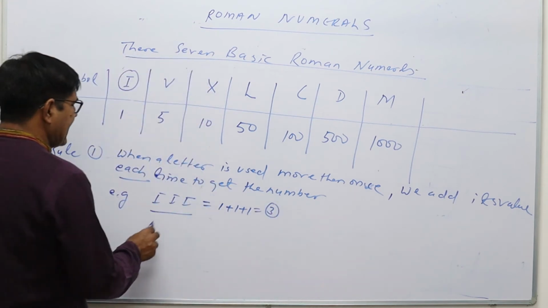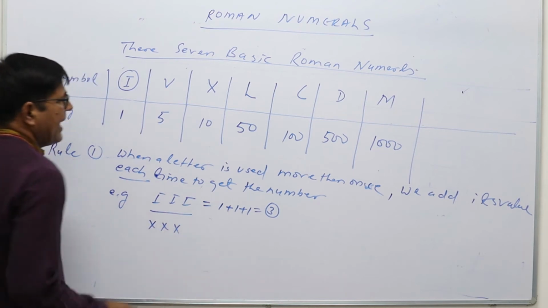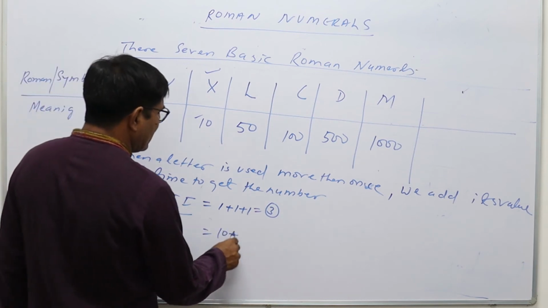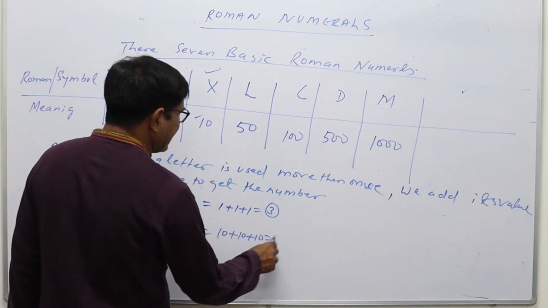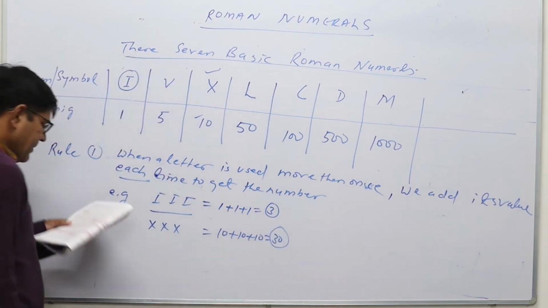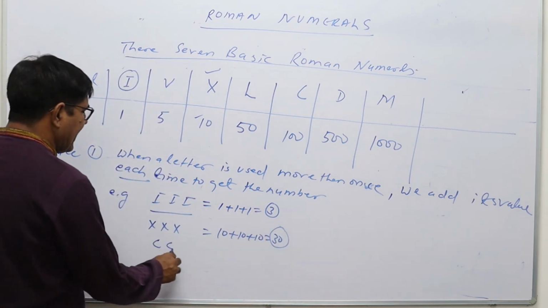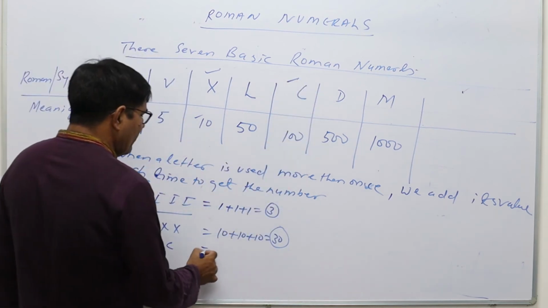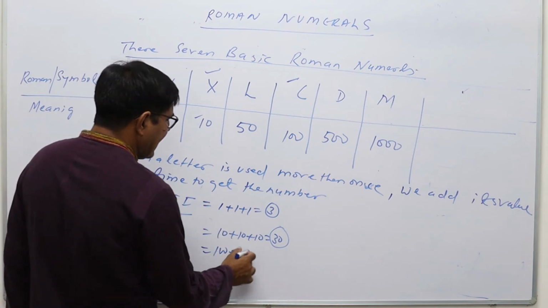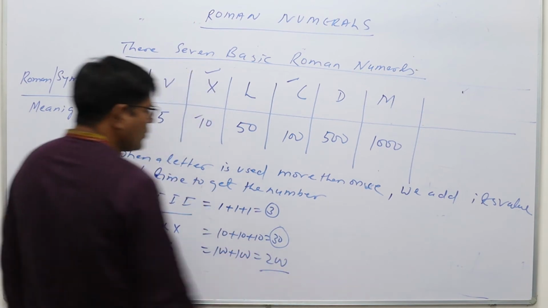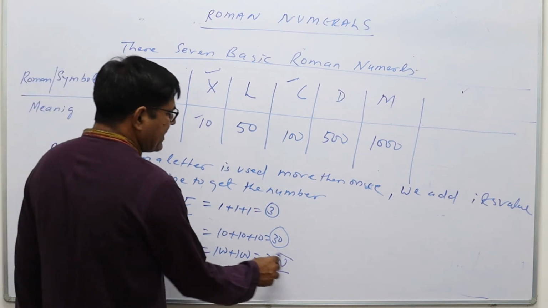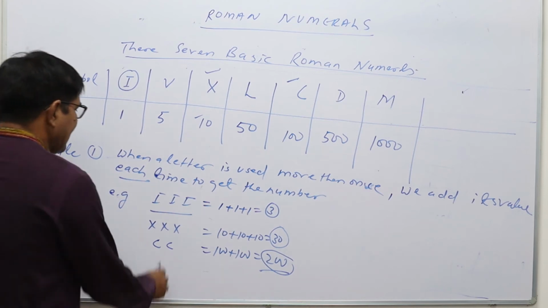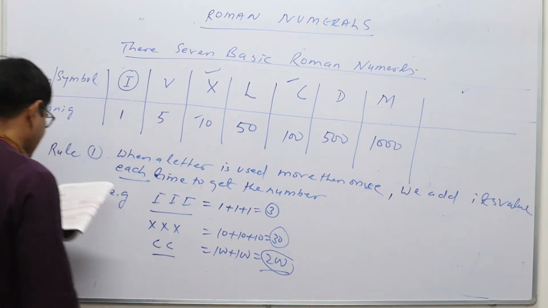Similarly, let us suppose X is repeated 3 times and here X represents the number 10. So it will be 10 plus 10 plus 10, which equals 30. Similarly, let us suppose C is repeated 2 times and C always represents 100. So it will be 100 plus 100, which equals 200. So in the Hindu-Arabic system, if the number given is 200 and we have to write it in Roman symbols, then it will be written as CC.